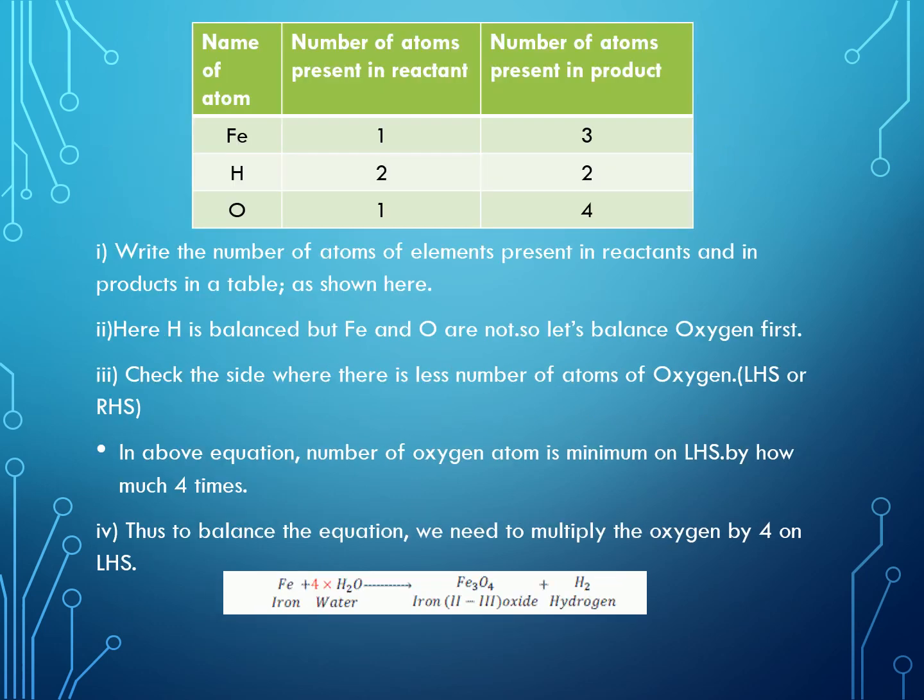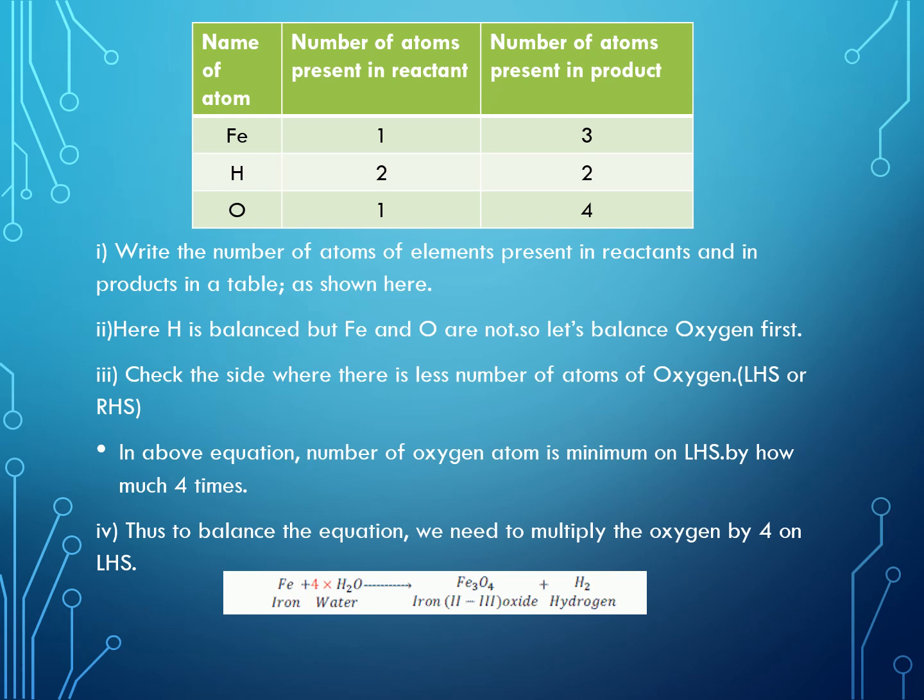Likewise, make a table to show the number of atoms of each element present in the reactant and in the product. Here in the table, we can see that hydrogen is balanced. That is, in the reactant side it is 2 and in the product side it is also 2.